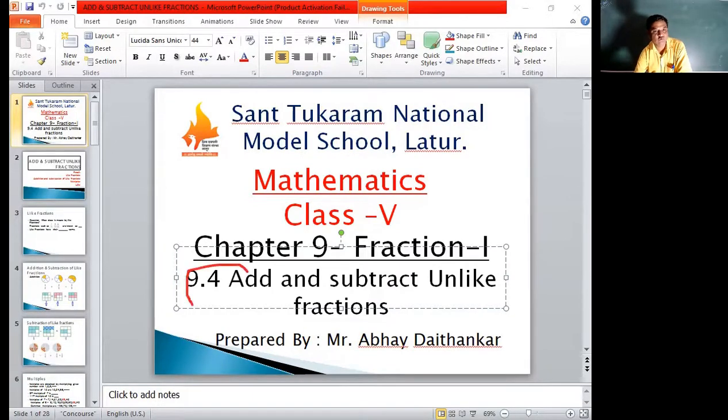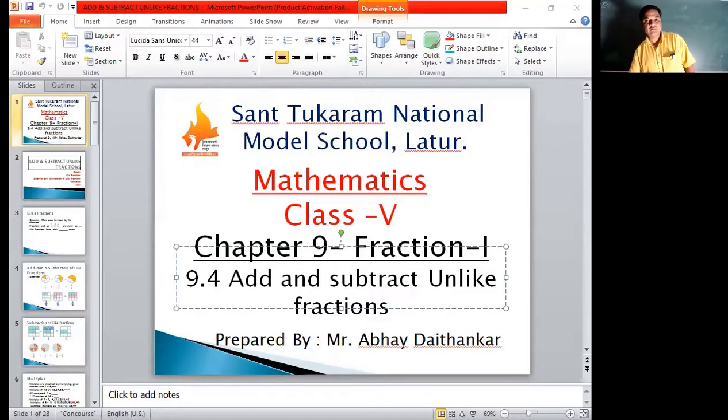For that, I am going to take 2 parts from here, and then I'm going to put these 2 parts in this particular square. If I put these 2 parts in this particular square, this will totally become 6 equal parts. So 6 equal parts of the square are shaded. So 6 out of 9 parts are shaded. This is about addition of like fractions.